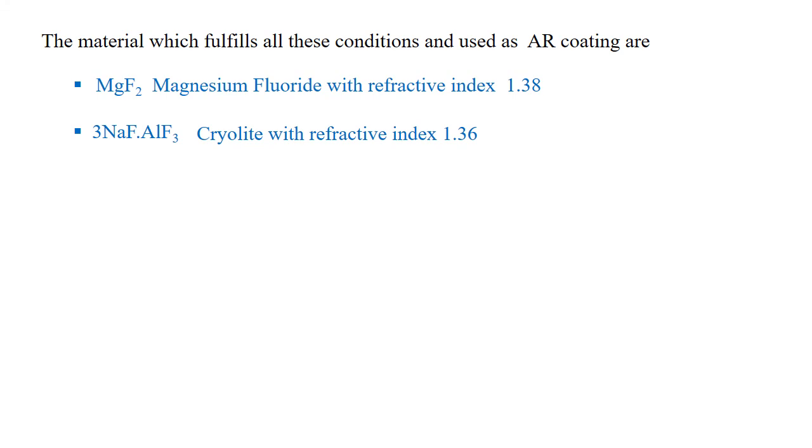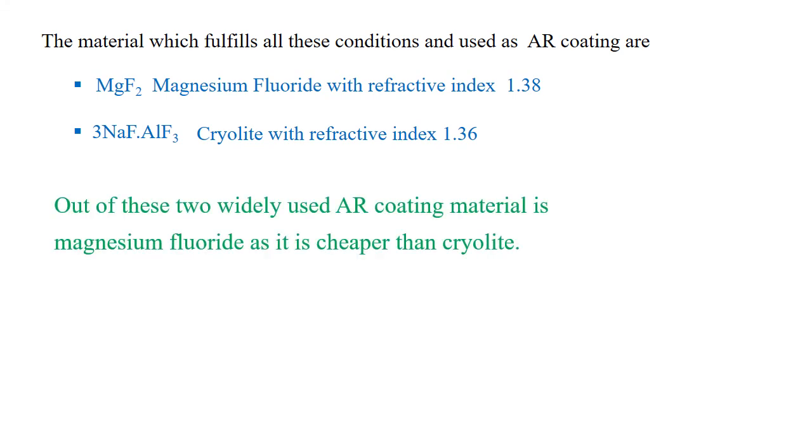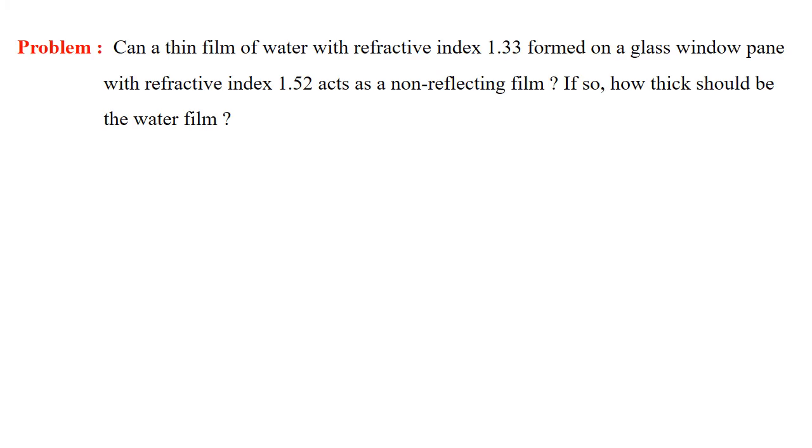Both these materials fulfill all the required conditions. But out of these two, the widely used air coating material is magnesium fluoride, as it is cheaper than cryolite. So thus we have studied that magnesium fluoride acts as a very good air coating material.